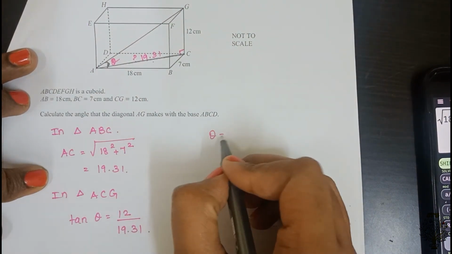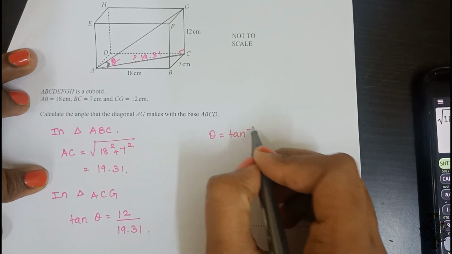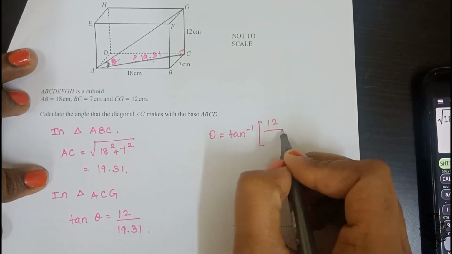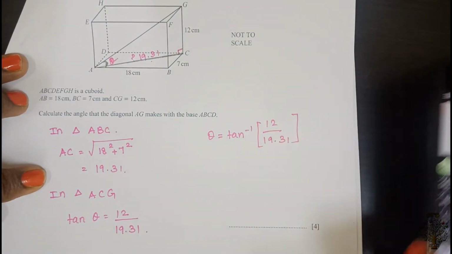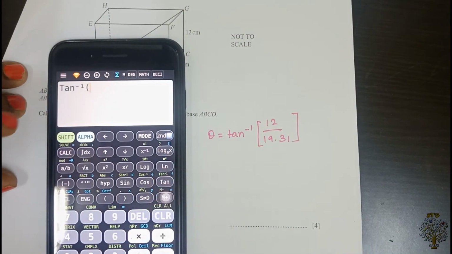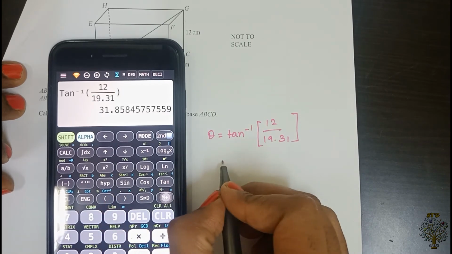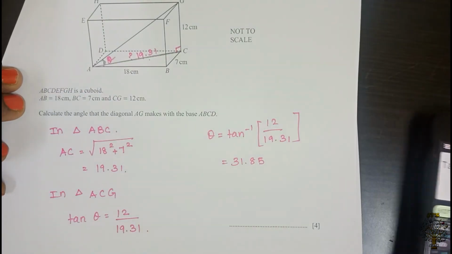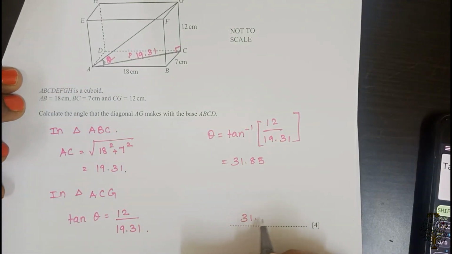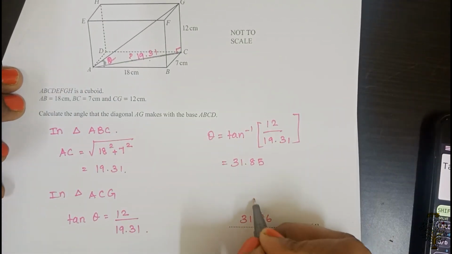This gives me theta is equal to tan inverse of 12 over 19.31. Now you can just substitute these values and check tan inverse of 12 over 19.31. So that is going to give us 31.858, or I can write it as 31.86. It's our wish.